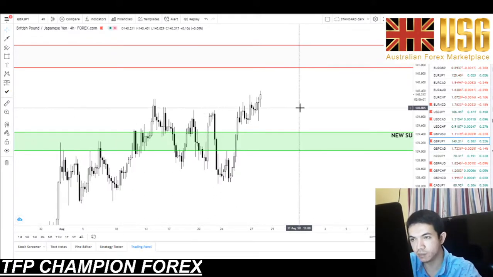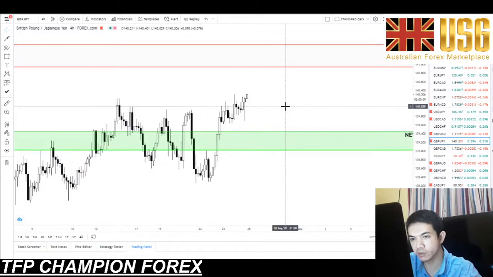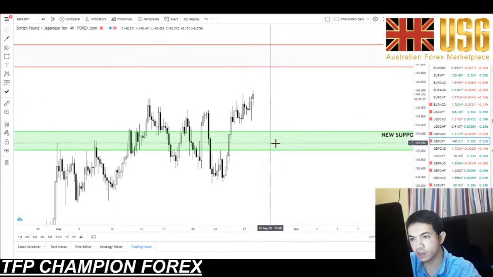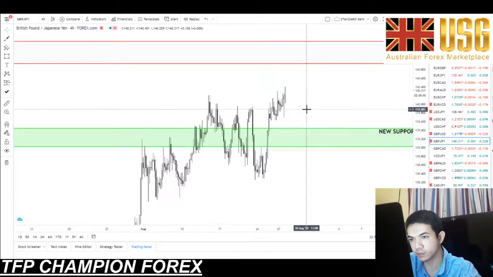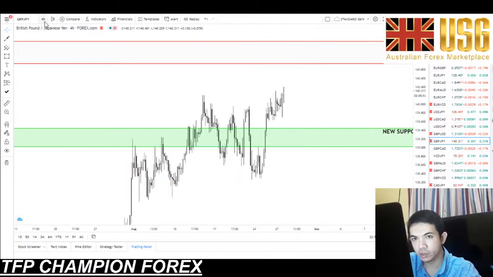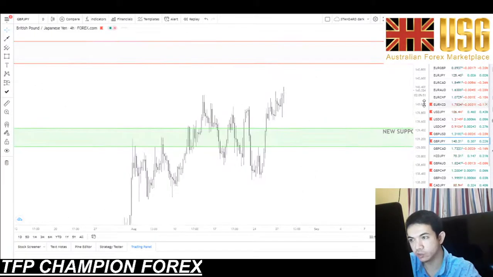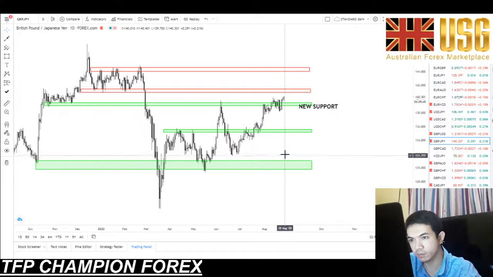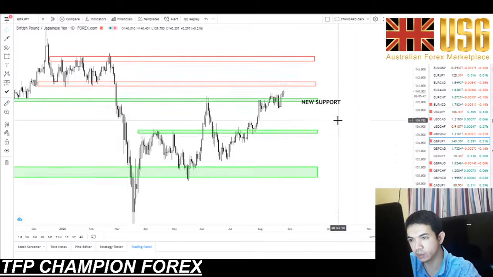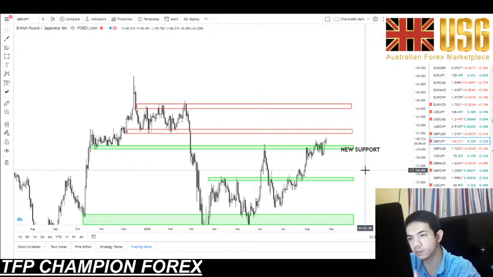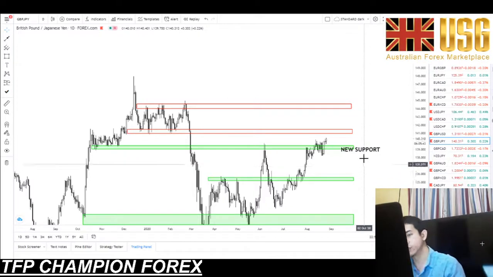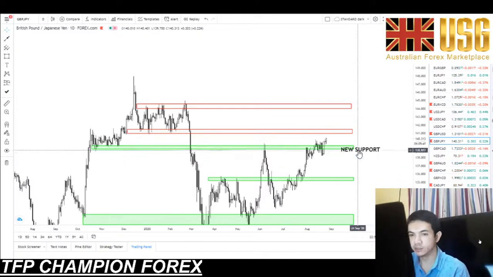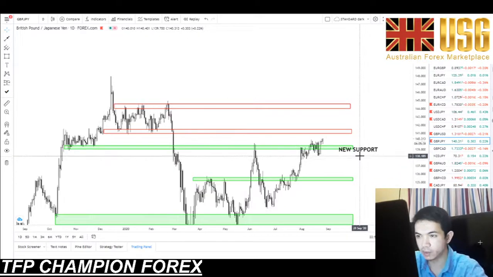Again, I'm just basing my trades on market structure and reading candlestick formation as a price action trader. Initially, of course, using my daily time frame as my key significant level of support and resistance. Again, the higher the time frame is, the stronger the level is, or the more significant the level will be, right?